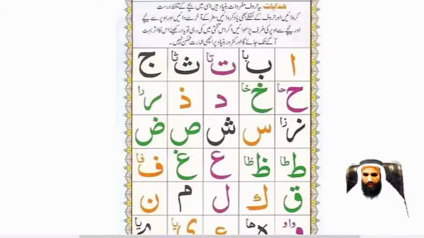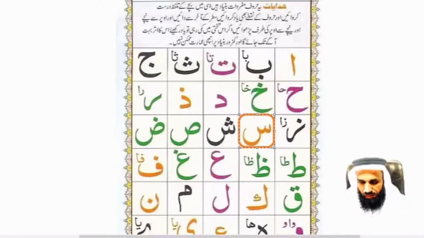So the next letter is Z. Next is Sin. Then Sheen.